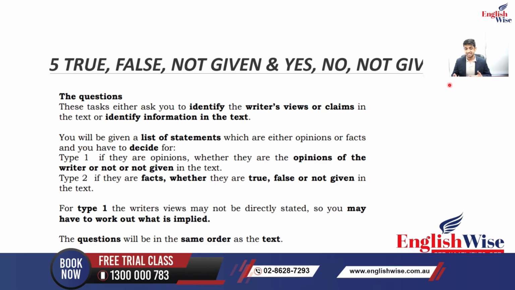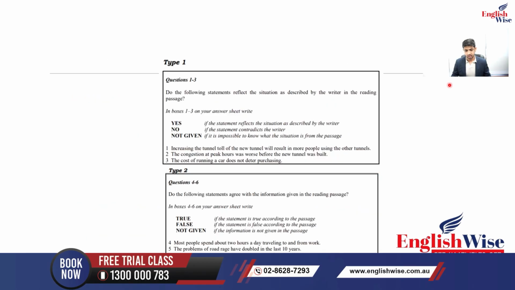If the statement is exactly the opposite of the writer's claim, it becomes a false statement or a no statement. But if the information is not directly given to you, or you cannot figure it out because the facts are not given properly, then you have to mark the answer as not given in the text.